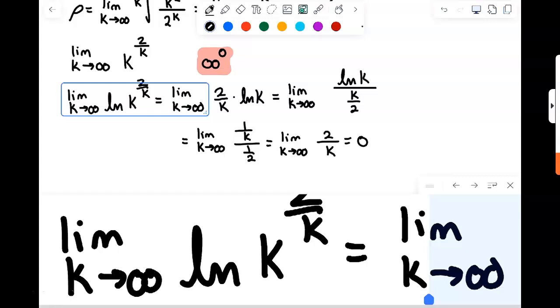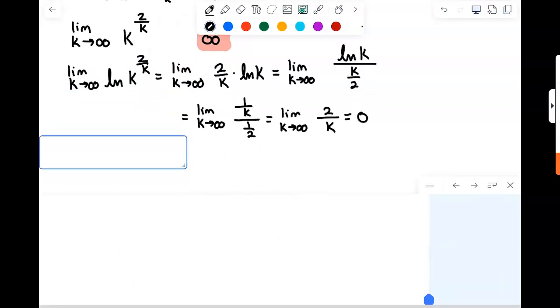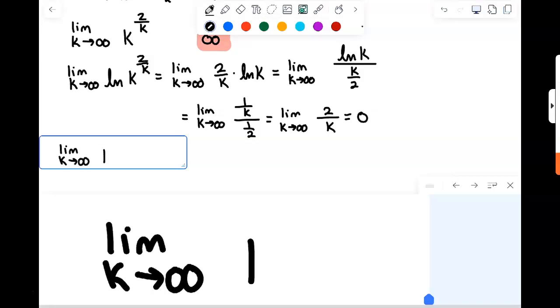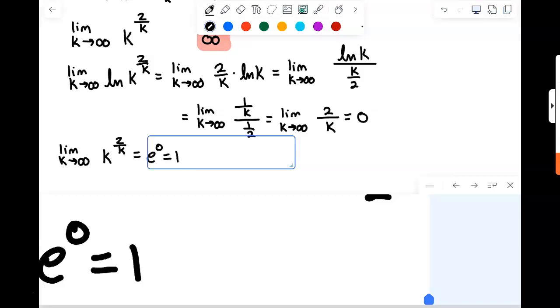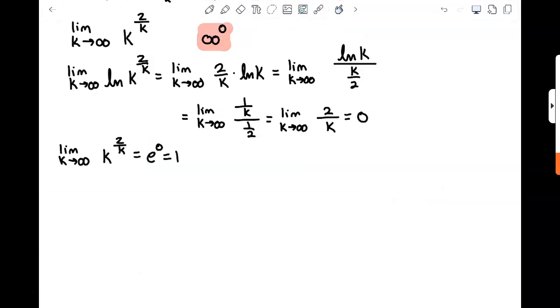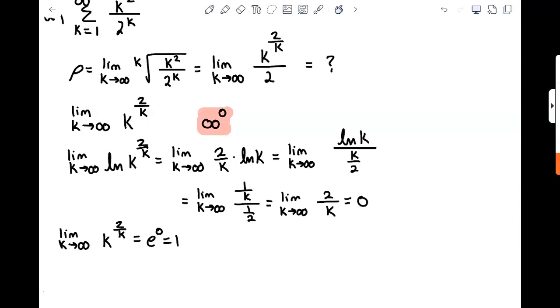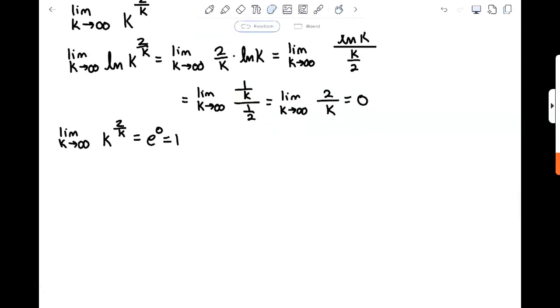That means that the limit as k goes to infinity of k to the 2 over k goes to e to the 0, which is 1. Okay, so going back up here now, this limit as k goes to infinity of k to the 2 over k over 2, that was our problem.